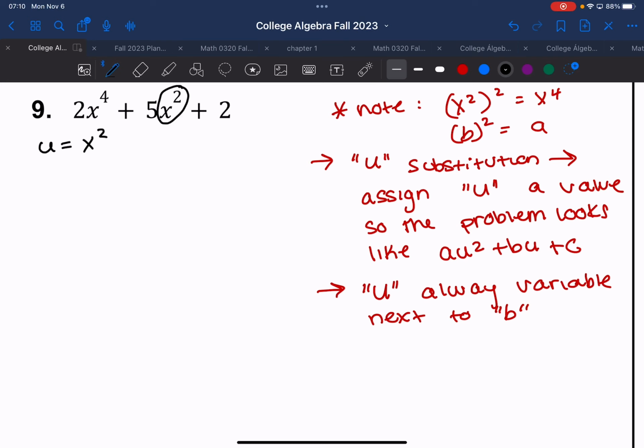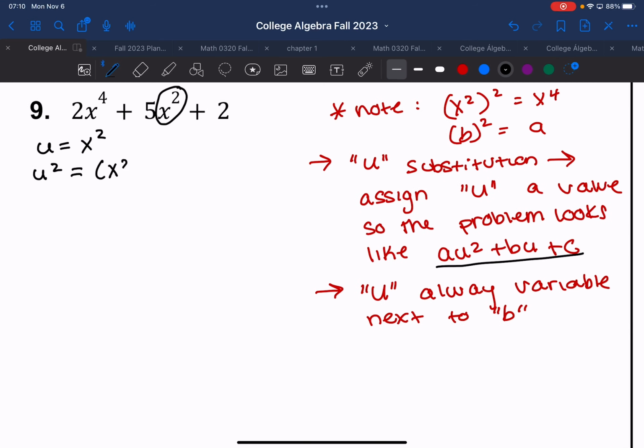So if we're looking at this new standard form of au squared plus bu plus c, we now have our u value, and we need to find our u squared value. And all we do to find u squared is to take our u value, which is x squared, square it, and that gives us x to the fourth.